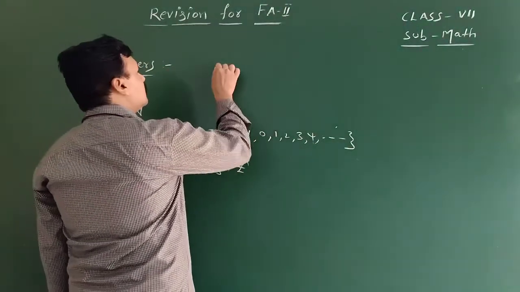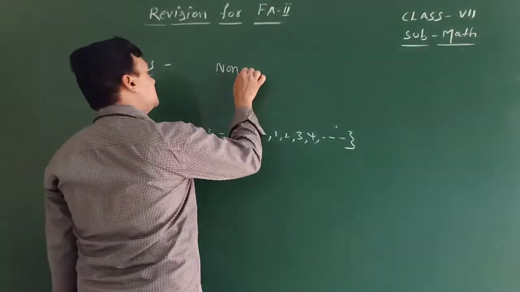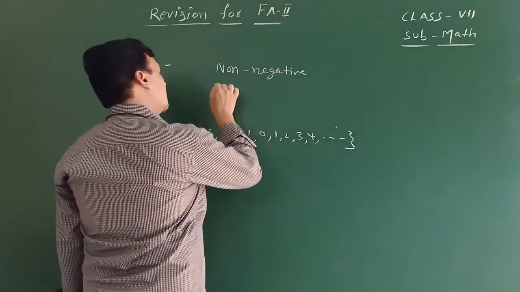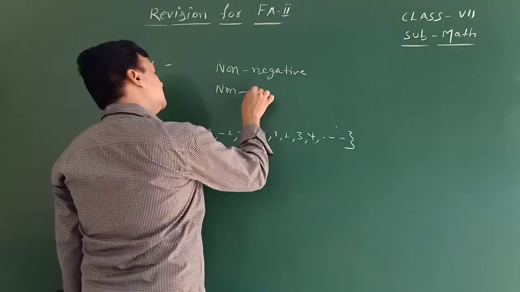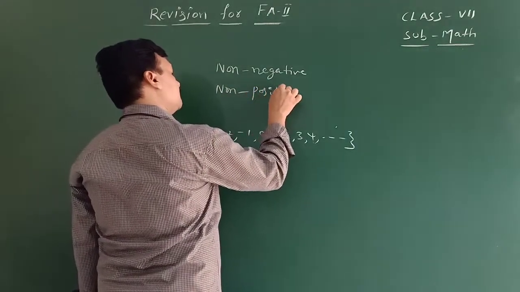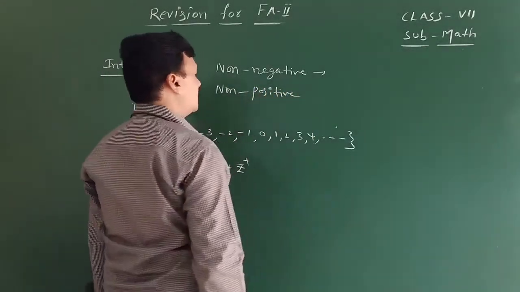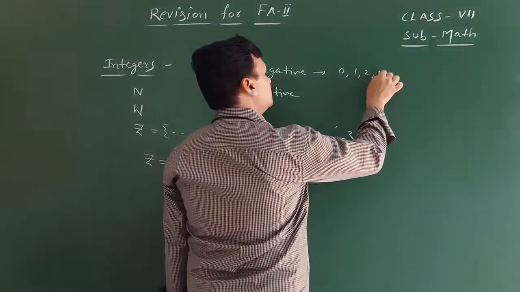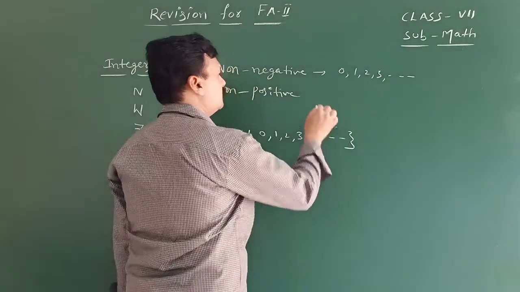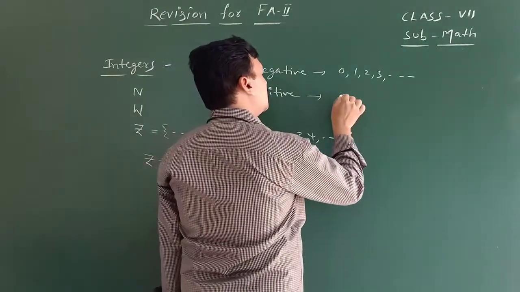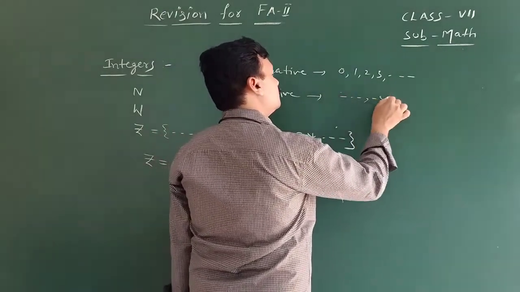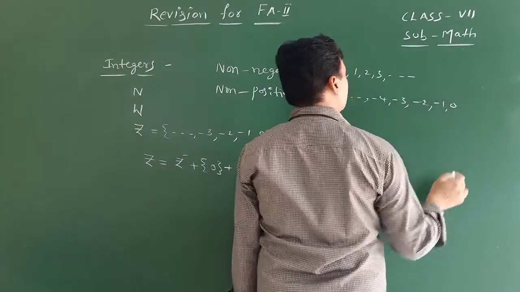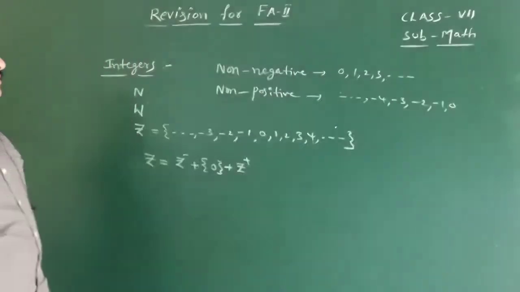Here non-negative and non-positive integers. What are non-negative integers? 0 along with the positive are called non-negative. 0 along with the negative are called non-positive.